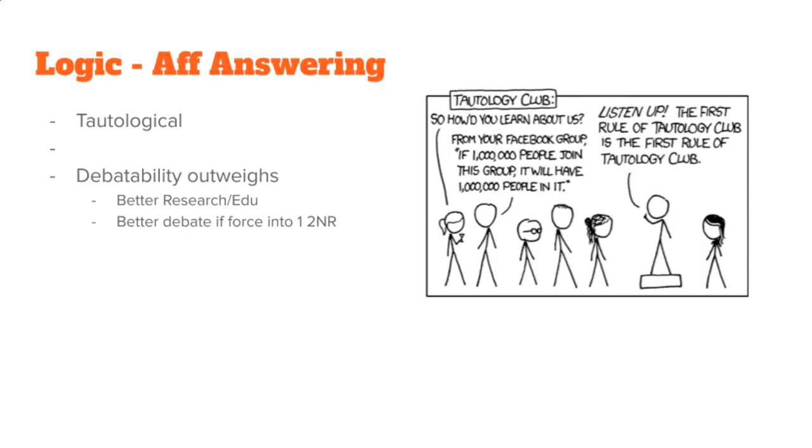And so ultimately you're going to be going for almost a debatability outweighs argument that your standard is more educational, better research, and forces better debate if there is no judge kick and they have to pick a world. The fundamental justification against 2AR conditionality is that it disincentivizes theory 2ARs, because they have to both win theory to disprove the counterplan, and then they have to beat case/external net benefit.